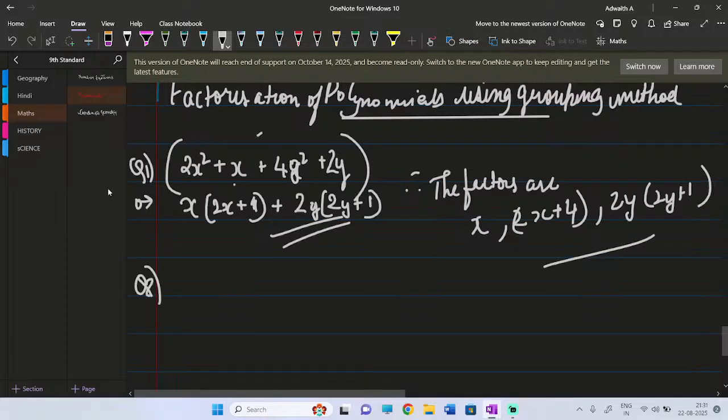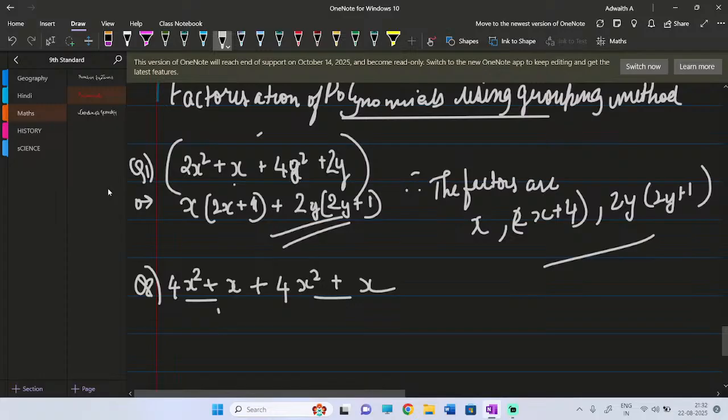Question 2, you will get 4x square plus x plus 4x square plus x. What will you do with this? You can actually take the entire thing as common. Right? Can't we make the entire thing common? But I'll just take these two.